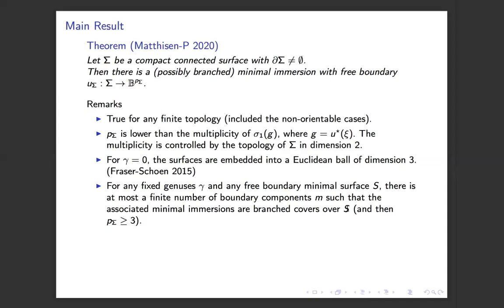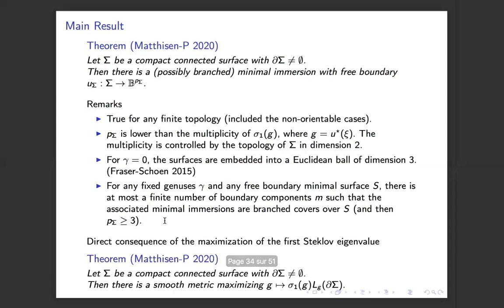So we can rule out branch points at some point. And moreover, we have that p sigma is in fact greater than 3. We do not have branched covers over the disk, for instance. So I will explain why we have this result at the end of this part.